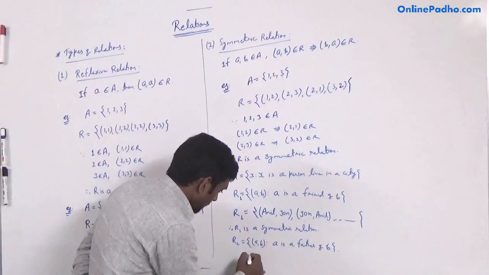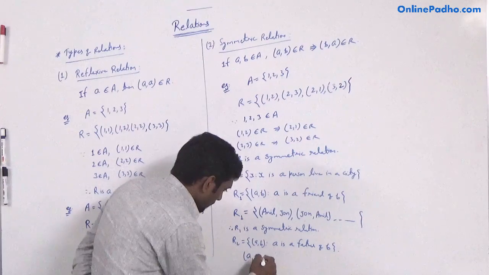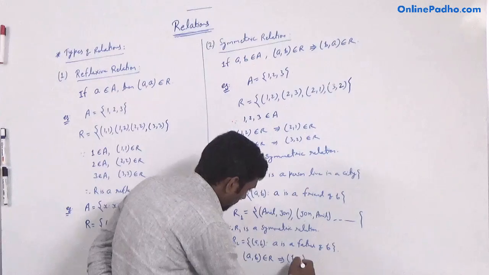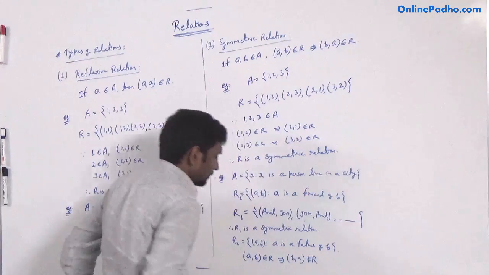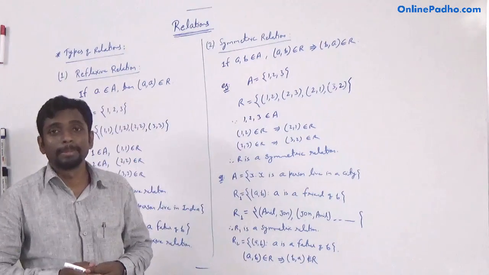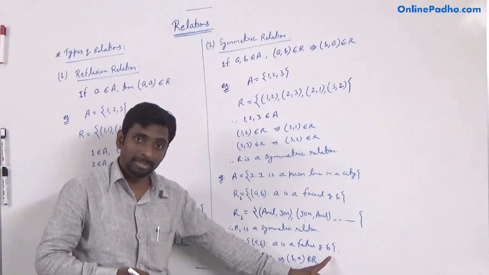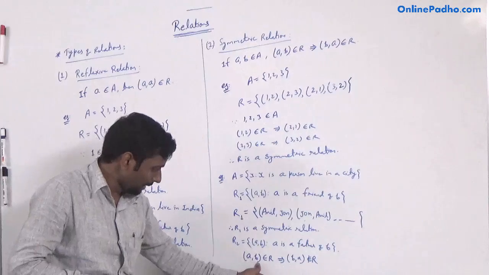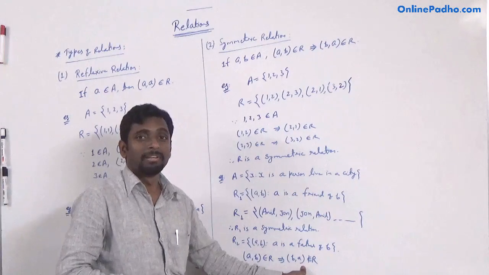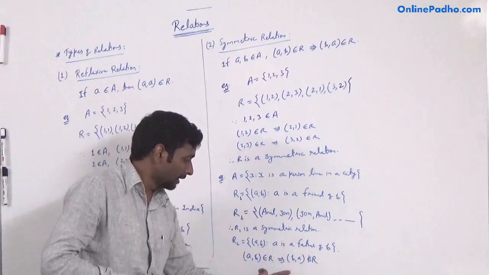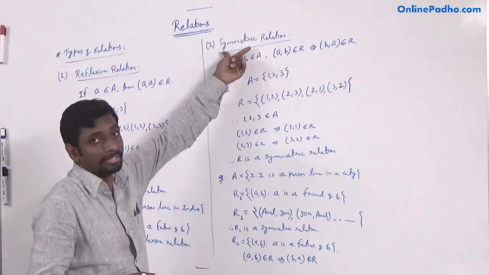Because if (A, B) belongs to R, then (B, A) does not belong to R. The relation is: the first person is the father of the second person. If A is the father of B, B cannot be the father of A. So this relation is not a symmetric relation.